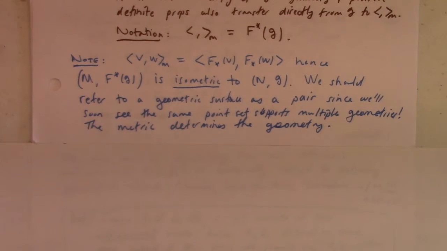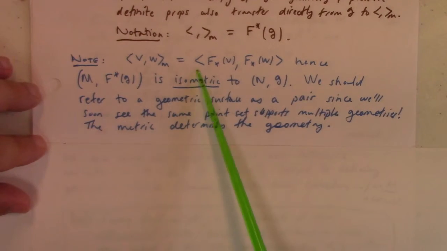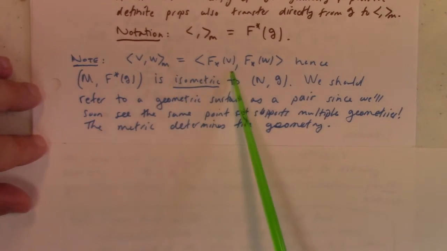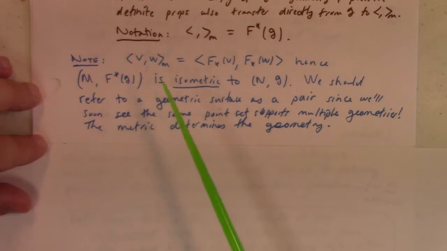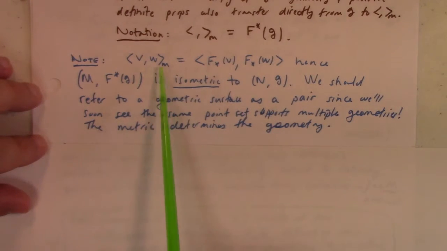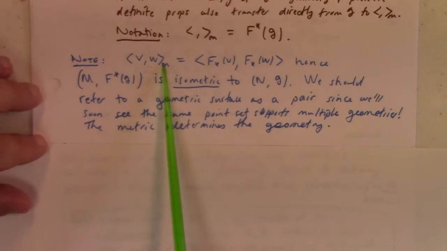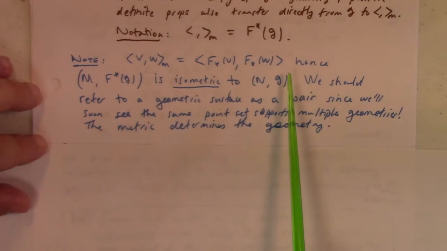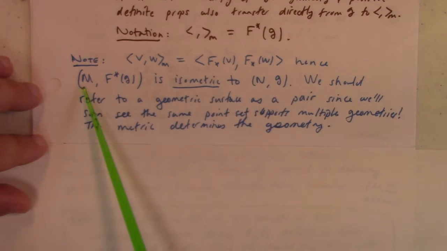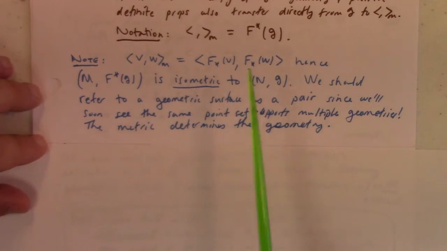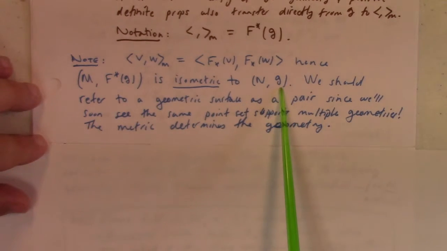Okay, duh. Anyway, so note, this is equal to that. Hence, what that means then is what? That means that we have an isometry between M and N. In other words, M with the pullback metric is isometric to N with the metric g.